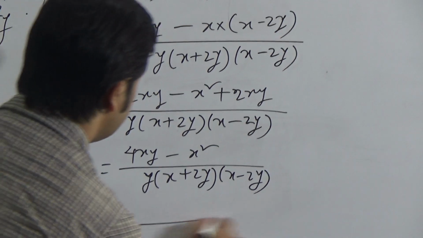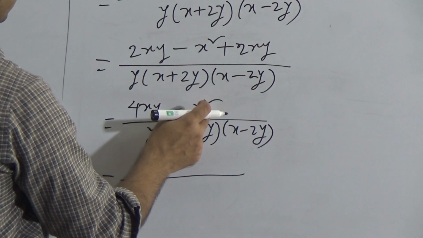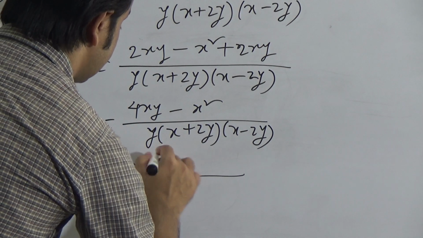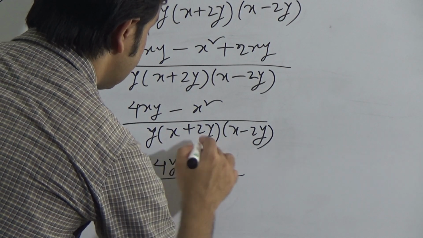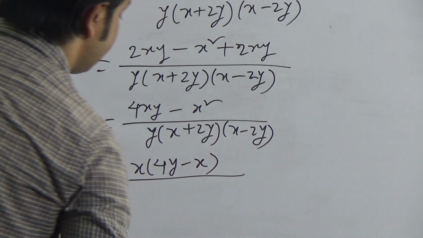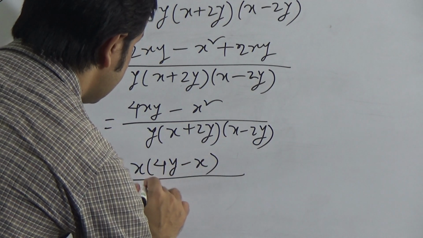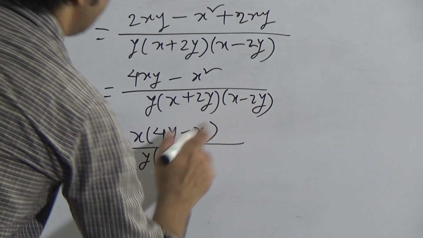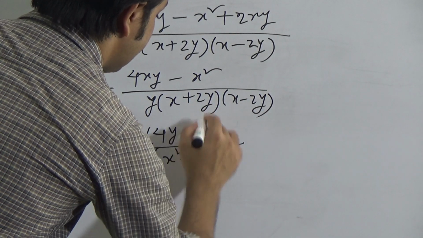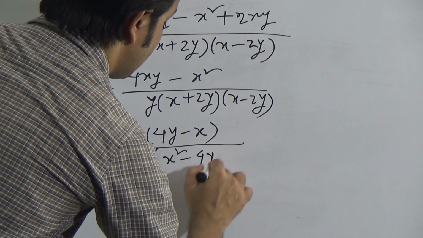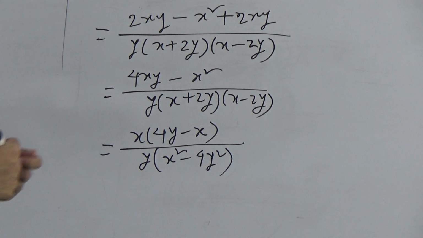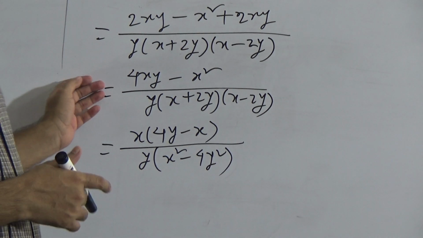Now see the numerator, here is x, here is also x square, so we can take x as common. If we take x as common, we will get 4y minus x, and in the denominator, if we apply the formula a plus b into a minus b, we will get a square minus b square, means 4y square. Okay, dear students, this is our required difference for question 21.